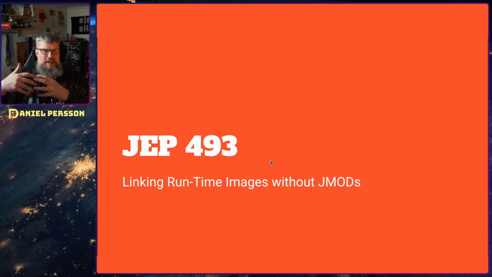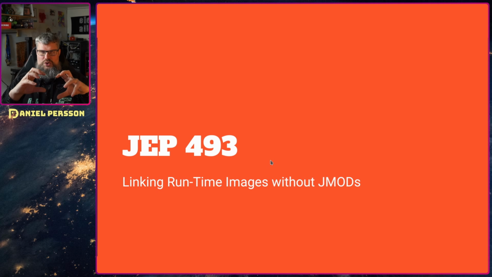And not all our applications are actually using those. They might use their own compiled classes, or some of the features in Java is not required for this particular image. And if you remove all the JMods, you could reduce the size of your image by 25%.